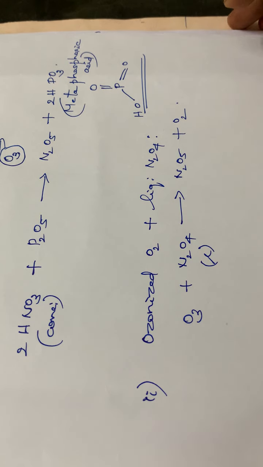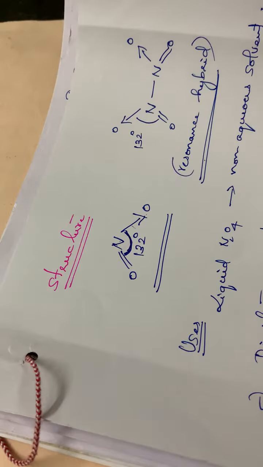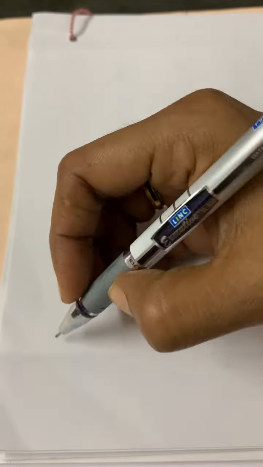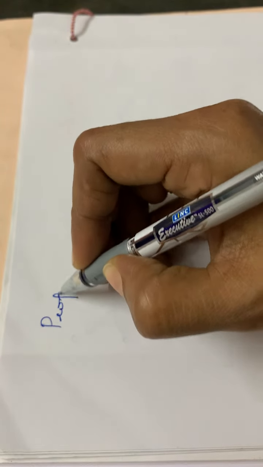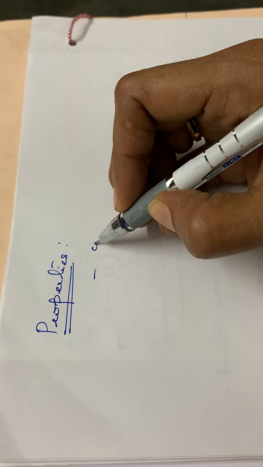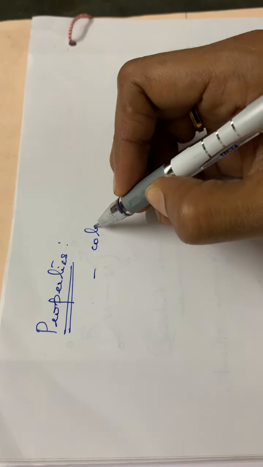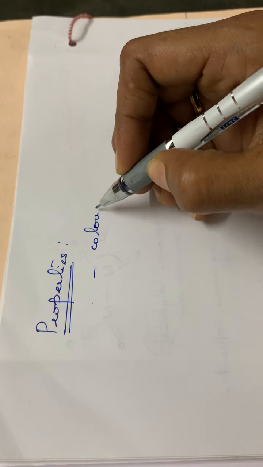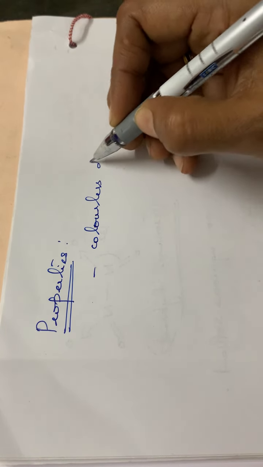Next, coming to the properties. Dinitrogen pentoxide is a colorless deliquescent solid.